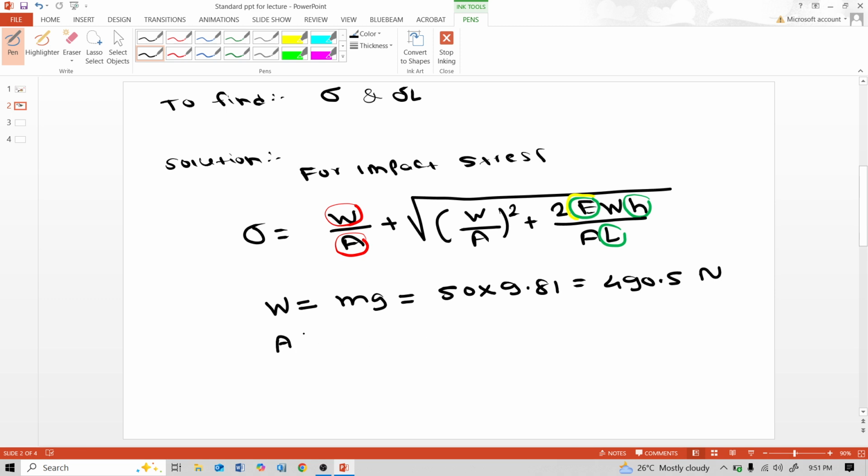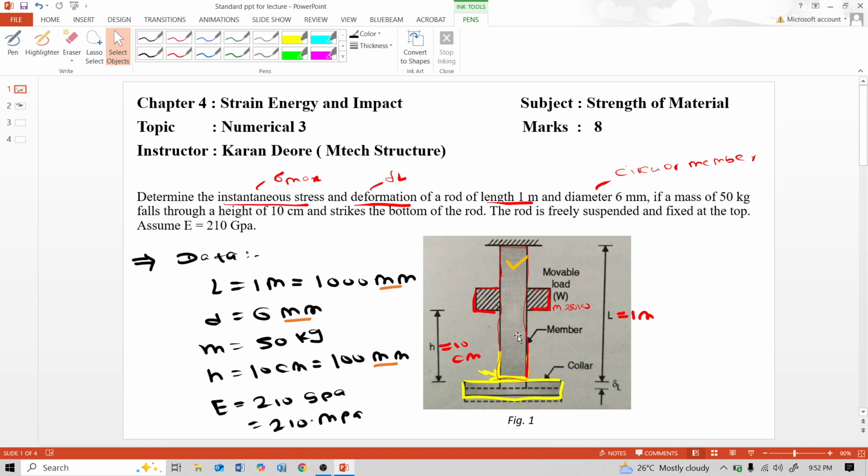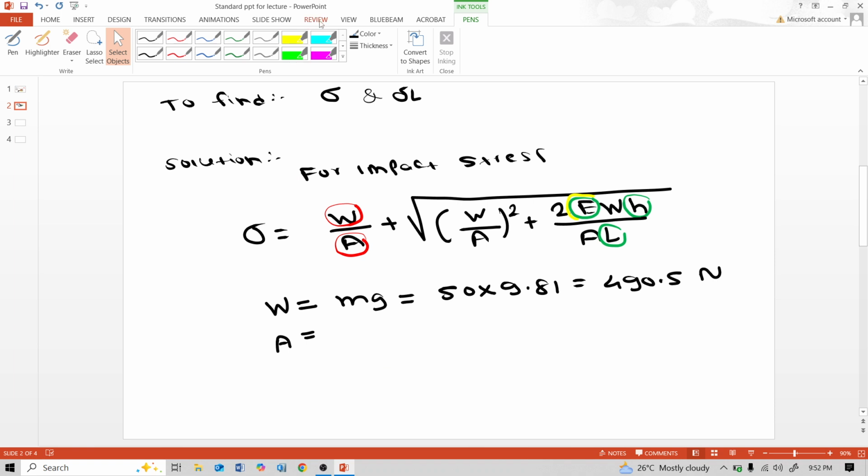And area, I told you in our derivation of this impact stress, area is this member area, and we all know the diameter of this member is 6 mm. They have given us the diameter, that means this is a circular member, and circular cross-sectional area we all know is pi by 4 into d raised to 2, and d is 6. Pi by 4 into 6 square is 28.27 mm square.